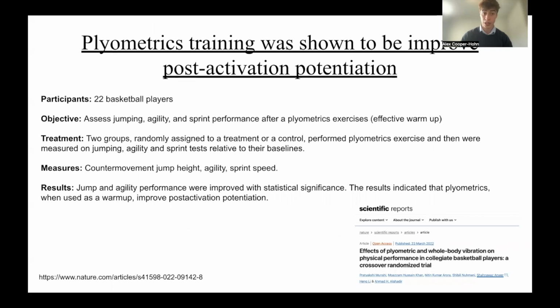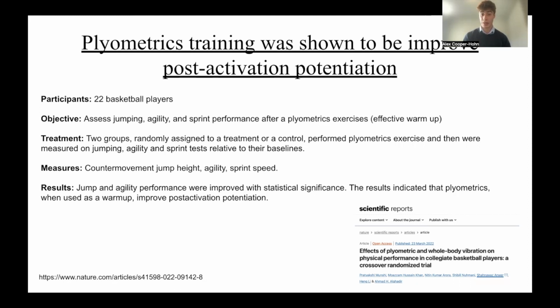Another study looked at 22 basketball players with a control, and they assessed jumping, agility, and sprint performance after plyometric exercises. What's really important to understand about this study is they just wanted to look at how it affected post-activation potentiation. So post-activation potentiation being how ready were your muscles, or could they adapt by being primed?